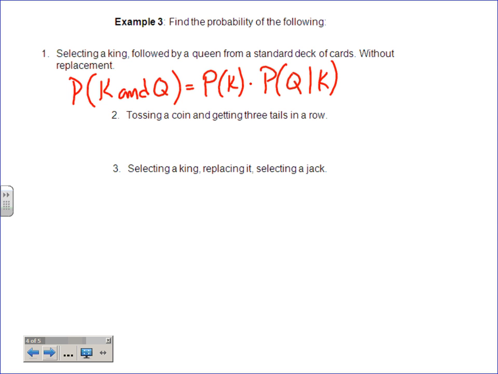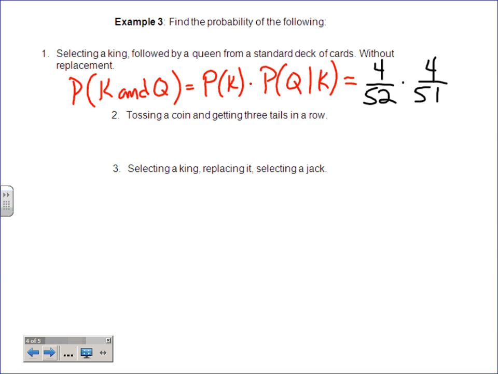So what is that probability of getting a king? We've done this problem so many times, you're probably getting tired of it. Right, 4 out of 52. And what is the probability of a queen knowing that you had a king? 4 out of 51. I keep going back to that one because it's one we've done, so you're familiar with it and not afraid of it.